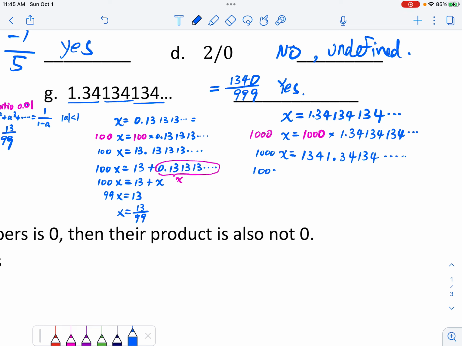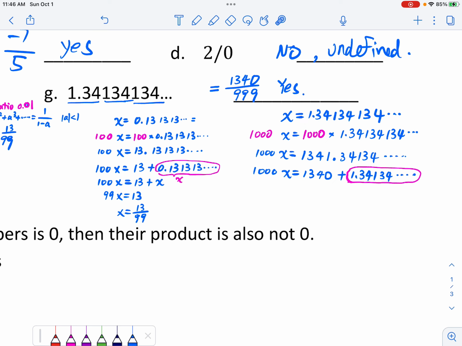And now I'll break the right hand side into two numbers. One is 1340 plus 1.34134 and so on and so forth. Do you see why I do that? I try to recreate this number, which is my x. That's the trick.